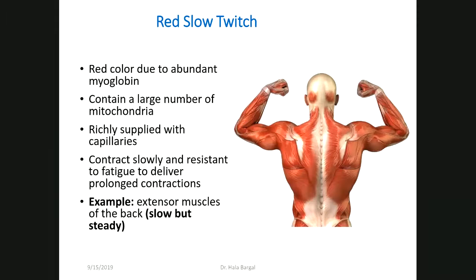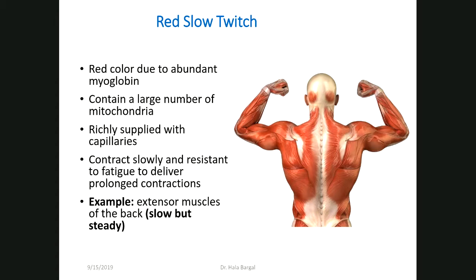So, to do this action, the muscle should have good energy through a large number of mitochondria, and should have a rich blood supply through the blood capillaries to give it the required oxygen, to release the required energy, to make the prolonged action and prevent fatigue.